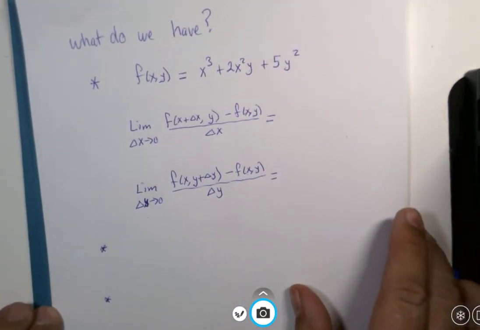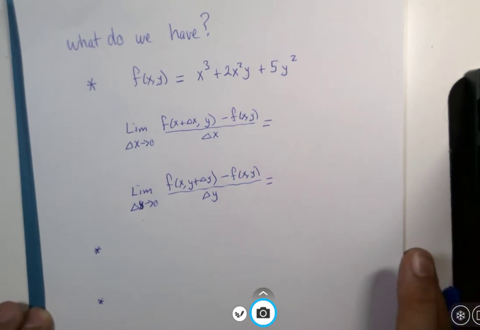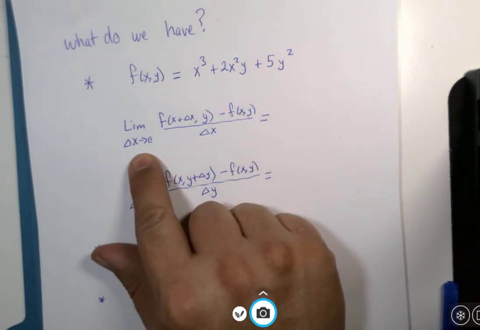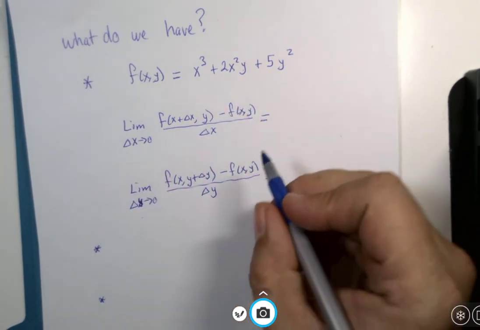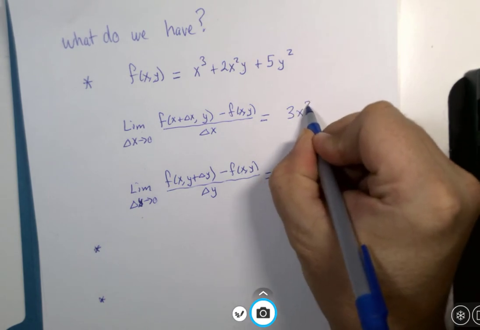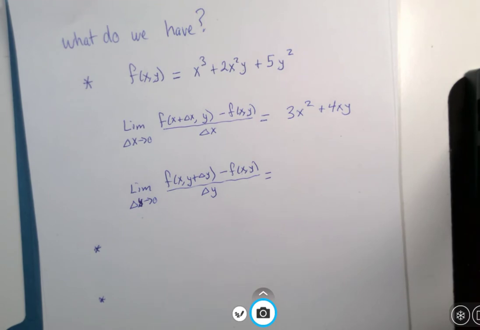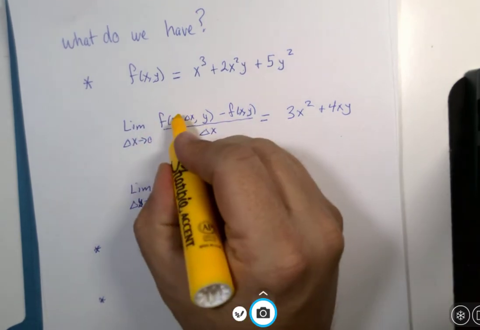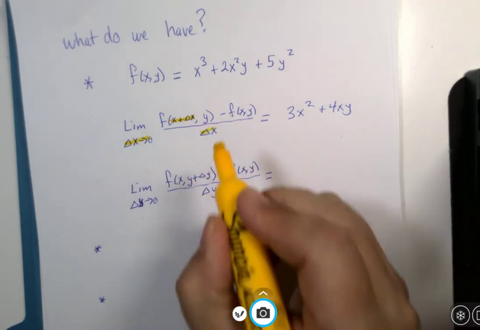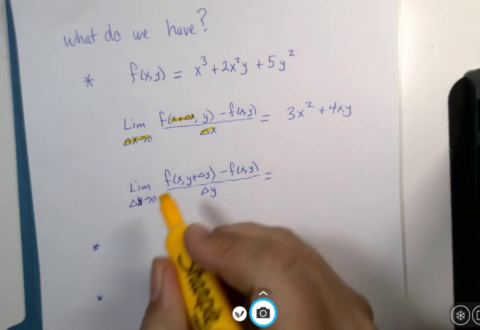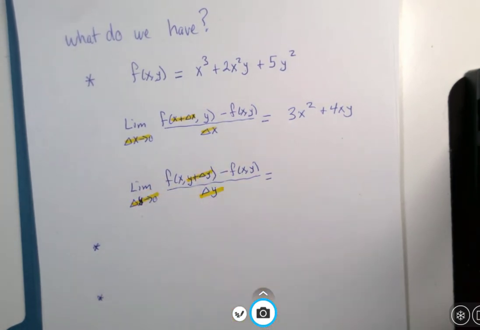What do we have? So we have this function, and we have the limit we just calculated, which was 3x squared plus 4xy. And this limit had something to do with x. And in the previous video segment, we did something similar, but we were working with the y variable.